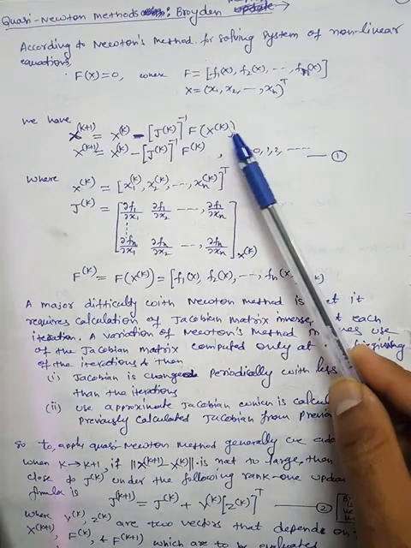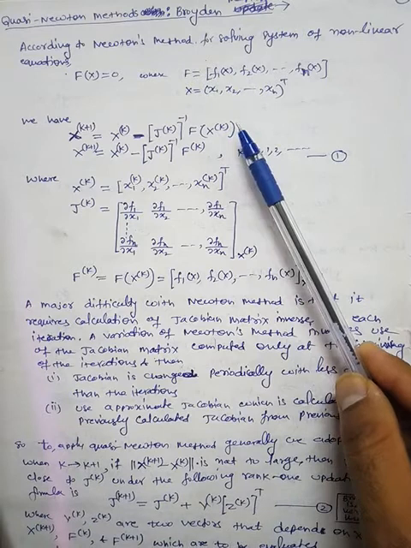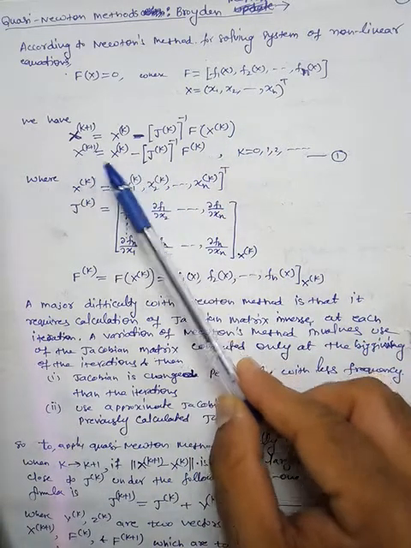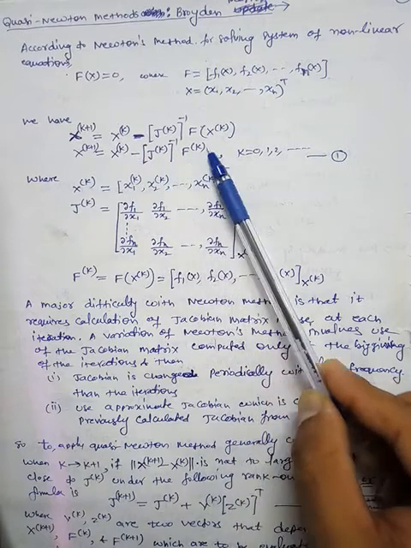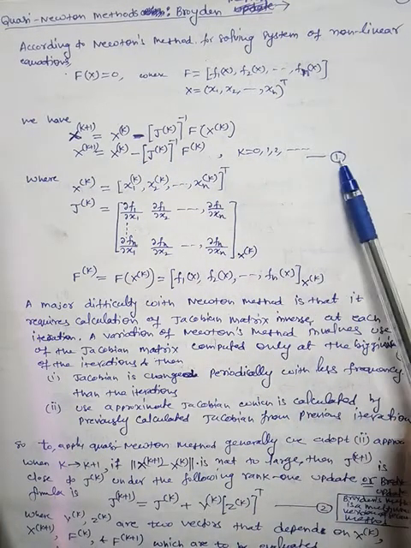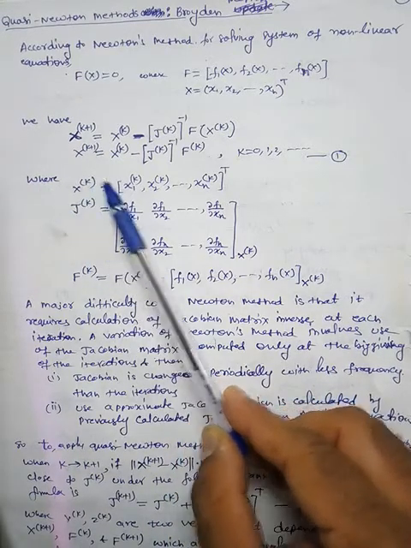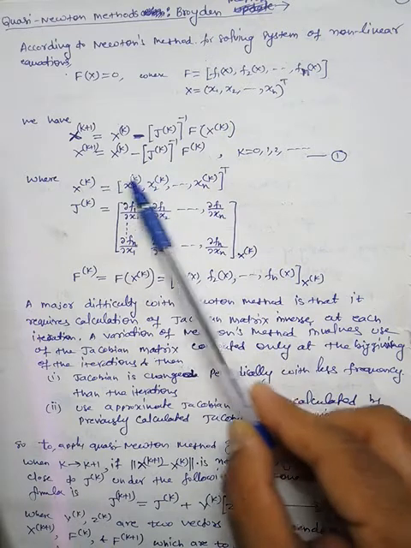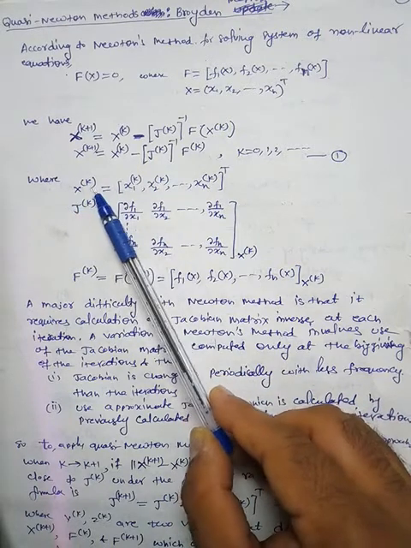Both are the same. Fine. Okay, so here in short we can write this as x(k+1) is xk minus Jk inverse fk. Here k is 0, 1, 2, and so on. So this is equation number 1. What is xk? xk is nothing but x1k, x2k, ..., xnk. That means the kth iterate.